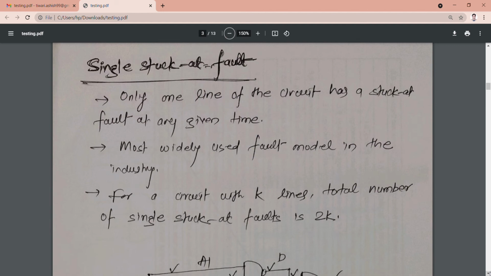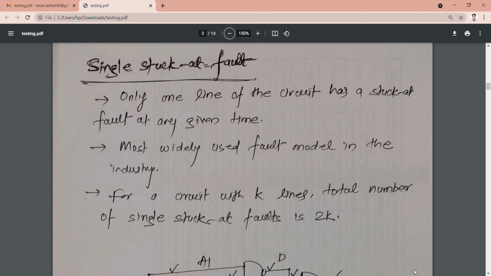So generally testing engineers assume that a single stuck fault is there in the circuit, because the frequency of testing that circuit increases every time. So the concept of the multiple stuck model is out of the picture.